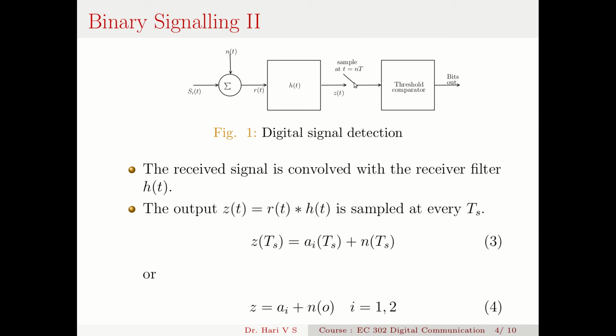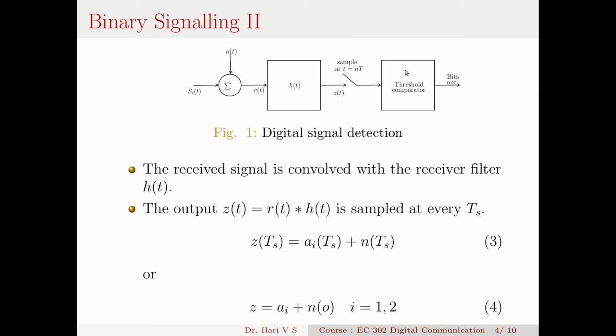It takes a single value, z(T), equal to ai(T) plus n0(T), that is ai plus n0. It can be either a1 plus n0 or a2 plus n0, depending on whether S1(t) or S2(t) is transmitted. So I get a value called zi. It can have two values.